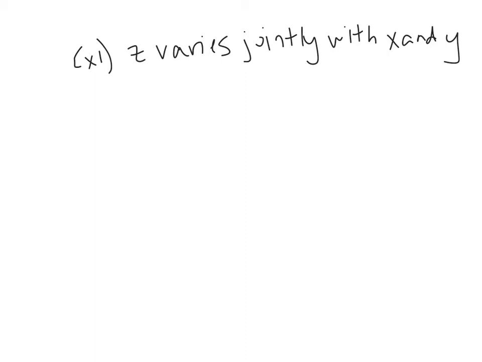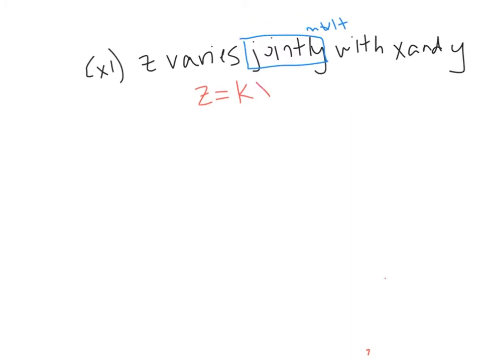So z varies, so that means z equals. Jointly: what do we think of when we think of the word jointly? Multiply. So we're going to have some constant k that we are multiplying with x and y. And that's our mathematical equation.